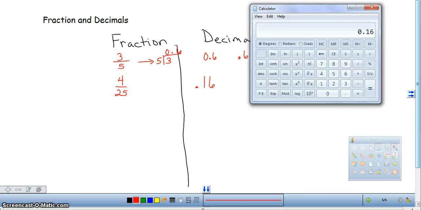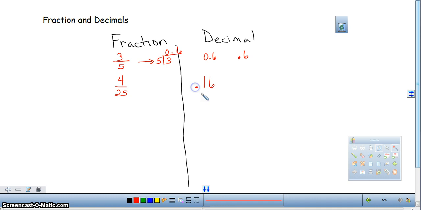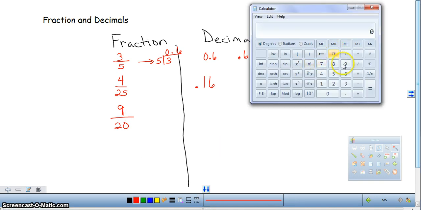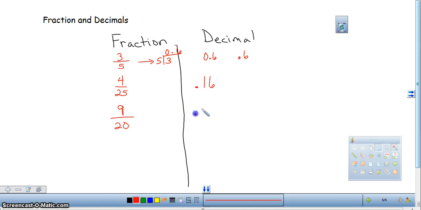Okay, if you look there, I get 0.16, but I can just put 0.16. I don't need the 0. All right, let's try 9 divided by 20. 9 over 20, that's a fraction, 9 over 20. So I'm going to clear this, and I take 9 divided by 20, and I get 0.45.